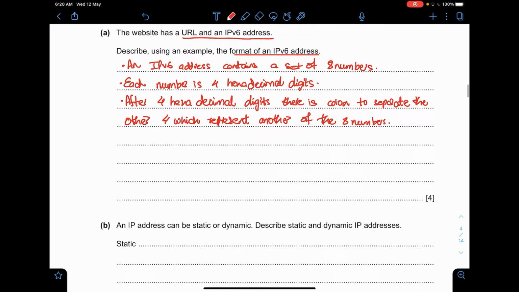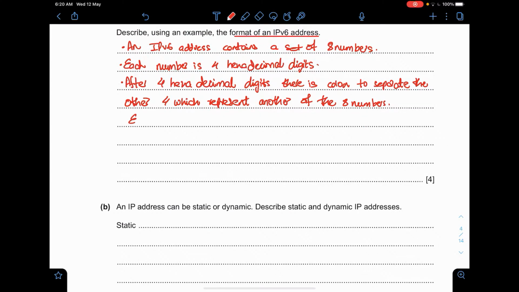Okay, and now lastly we can write an example, right? Because it is asking us for an example. So we're gonna write example. I'm just gonna write random stuff. This is 1, right?